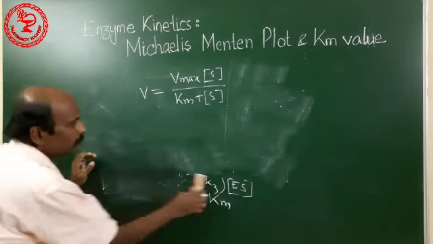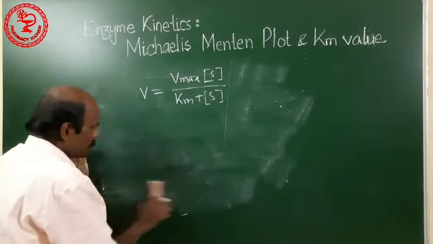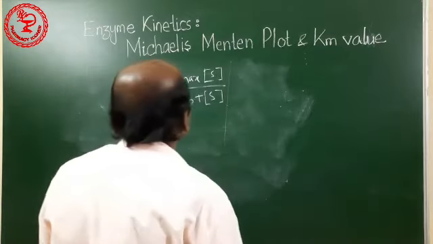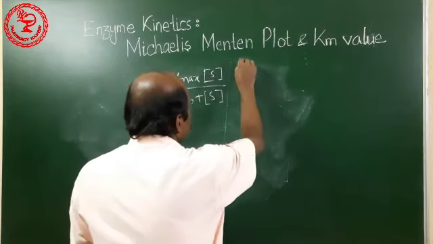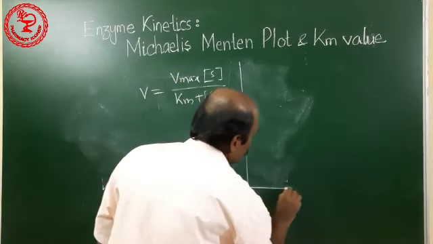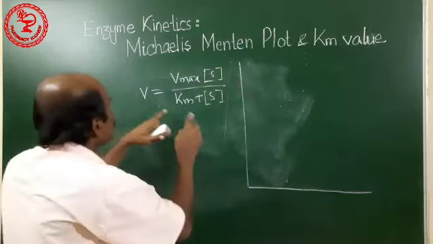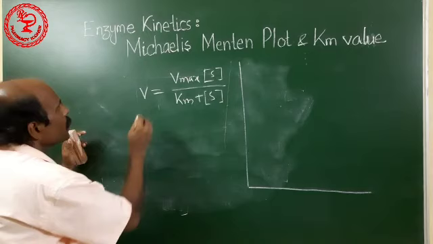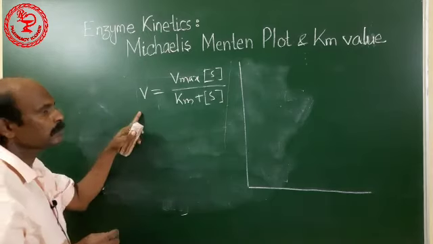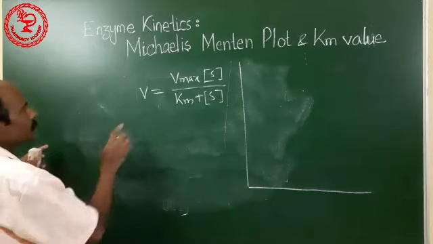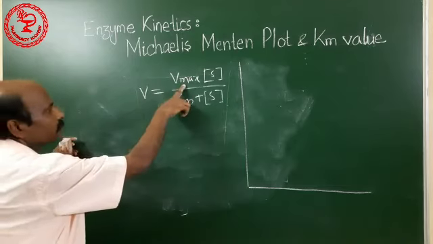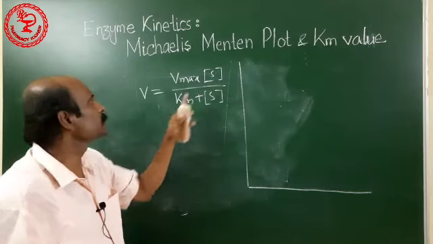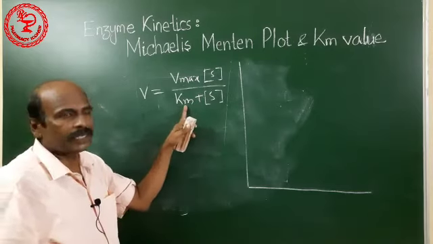So, from here we can draw a graph. Here V is the reaction velocity, Vmax is the maximum velocity, S is the substrate concentration, Km is the Michaelis-Menten constant.